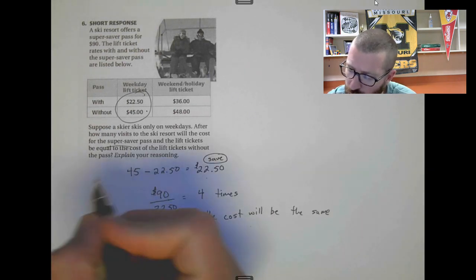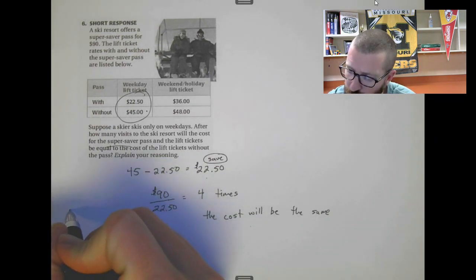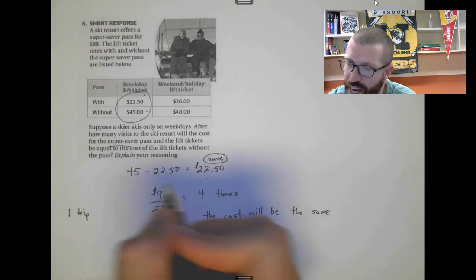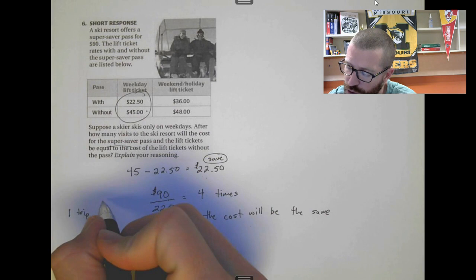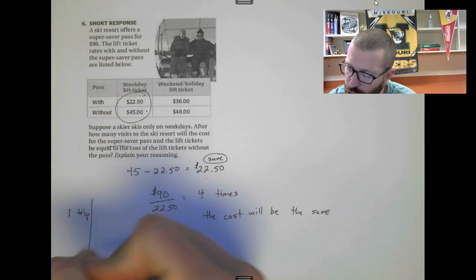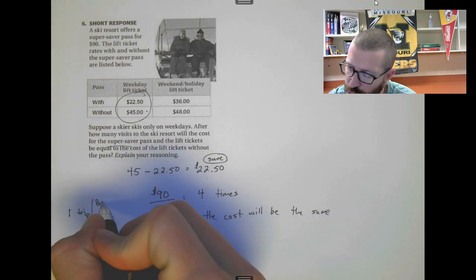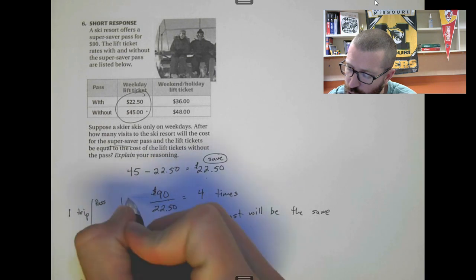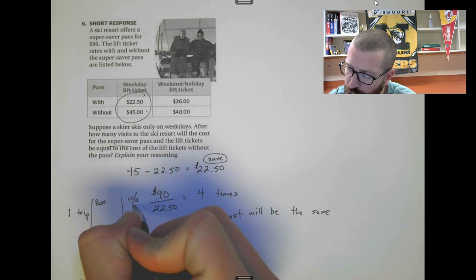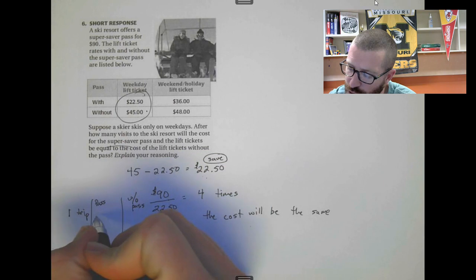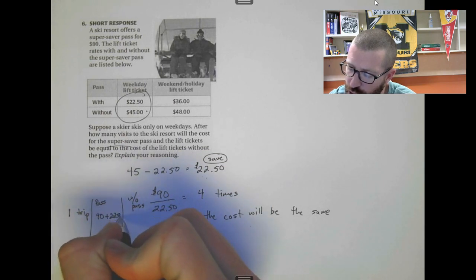So if you think about one trip, I'm going to try to squeeze this in: with the pass and then without the pass. If they have the pass, then one trip is 90 plus 22.50.